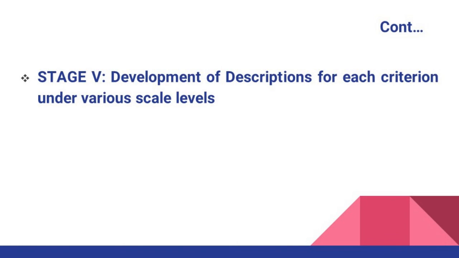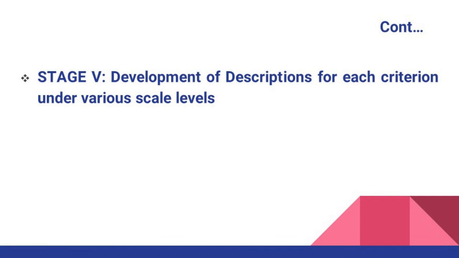In the next step, we can write the description for the lowest performance for each category. In this task, question number 8, which was discussed in the previous stage, or you can say the first stage, can guide us.